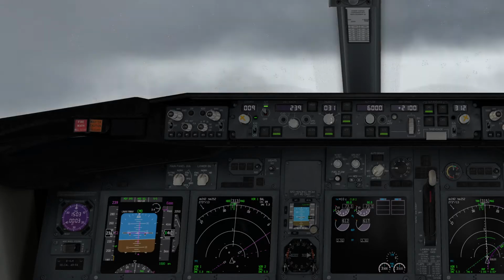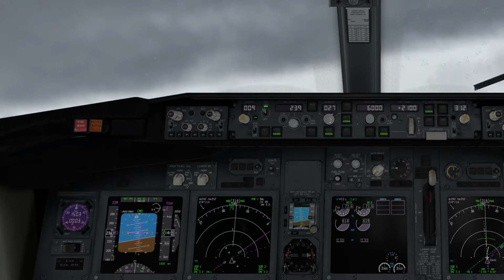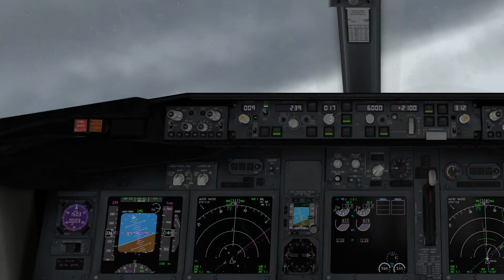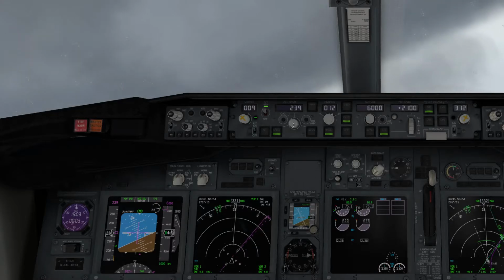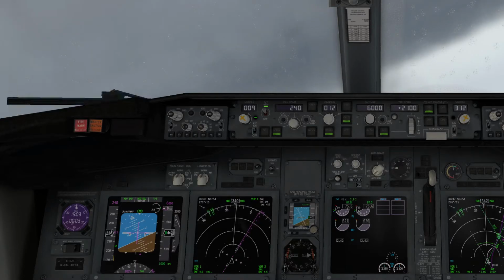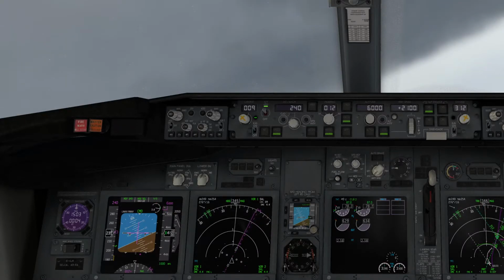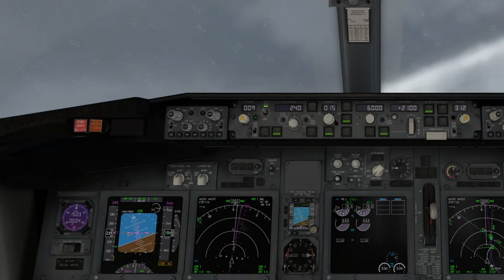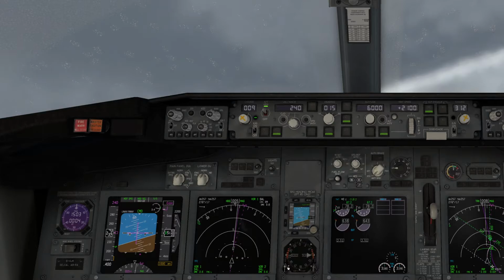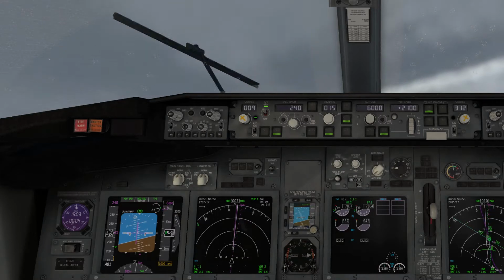Sunlia DME, turning right 009. Flaps up, no light, gear off. Still continue to 315, 015. 1000 to go.